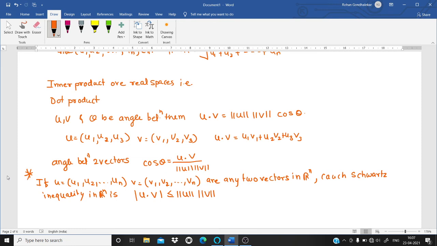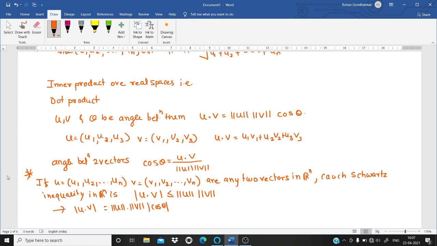Right now we are dealing with two-dimensional or three-dimensional space, hence I'm restricting to this. So mod of u dot v is norm u into norm v into modulus of cos theta.